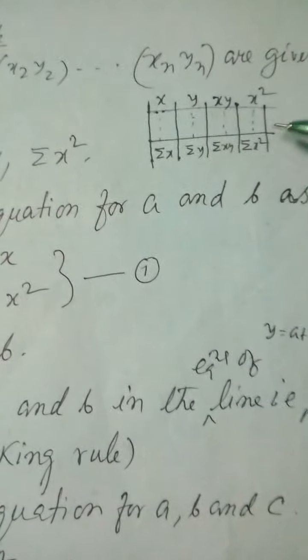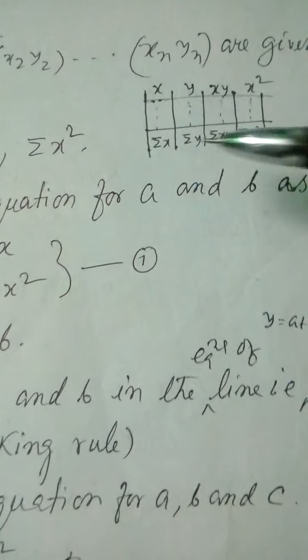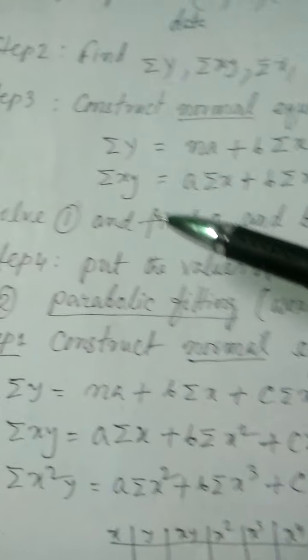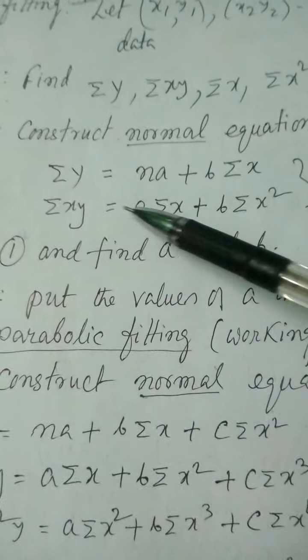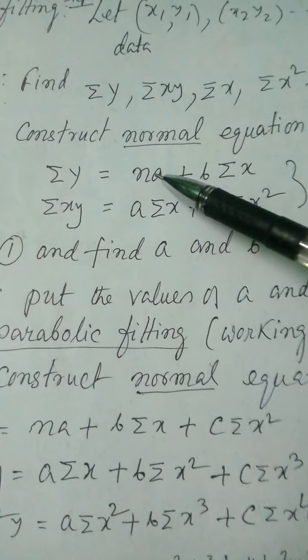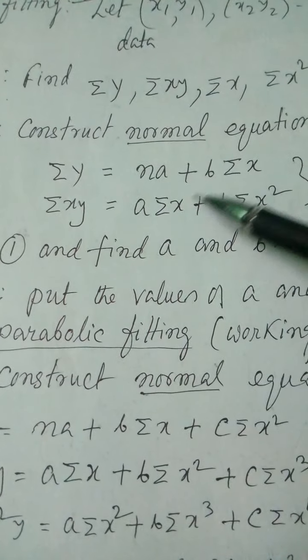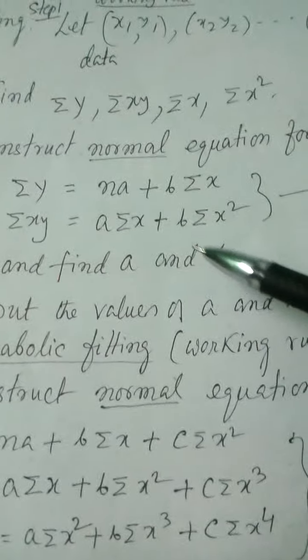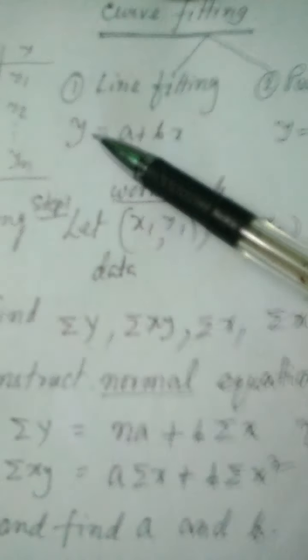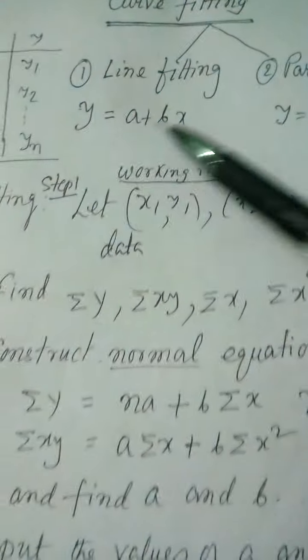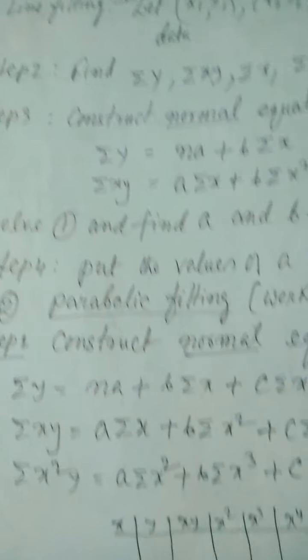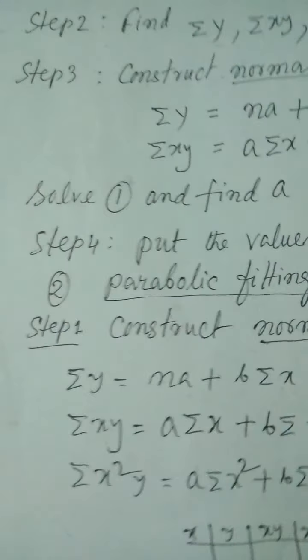These are required. You have to calculate them first from the data given. After finding a and b, you put this a and b in the equation here. So you will get a straight line equation. I will show you an example.